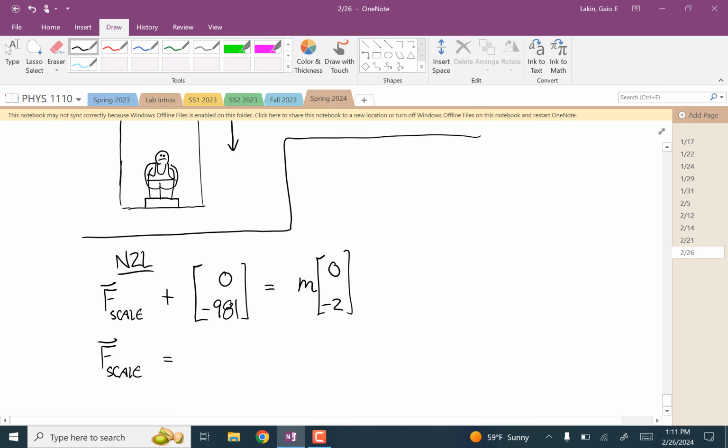We know the mass is 100. So the force applied by the scale is 100 times 0, negative 2, minus 0, negative 981.